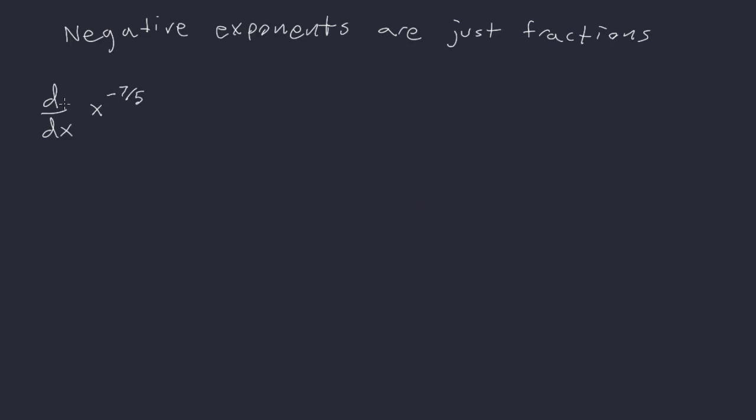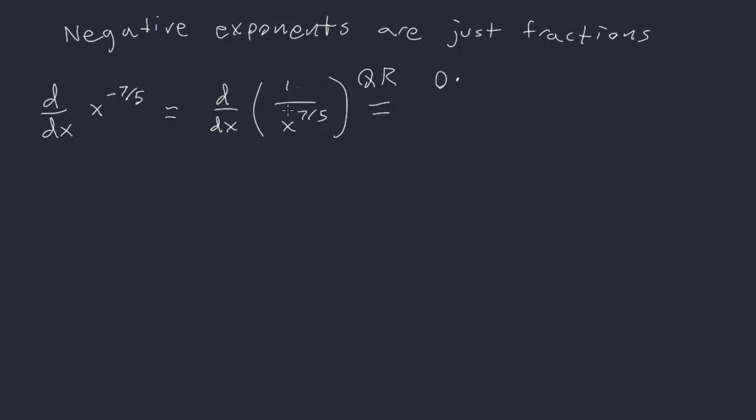Right, so for example, if I wanted to take the derivative of x to the negative 7/5, well, I could instead think of this as the derivative of 1 over x to the 7/5, because with negative exponents, you just can move them down into the denominator. And so now we can apply the quotient rule, right? From the quotient rule, we'll have the derivative of the top.